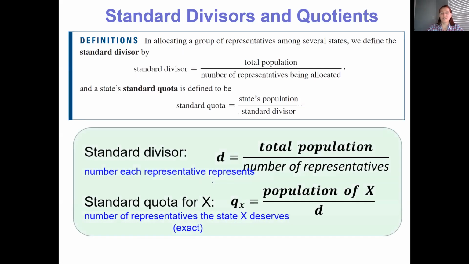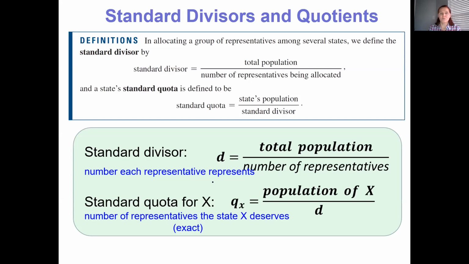So the standard divisor, we repeat, is the total population divided by the number of representatives. We have already used this fraction when we talked about the average constituency. It is actually the average constituency for the whole country, total population over the number of representatives.